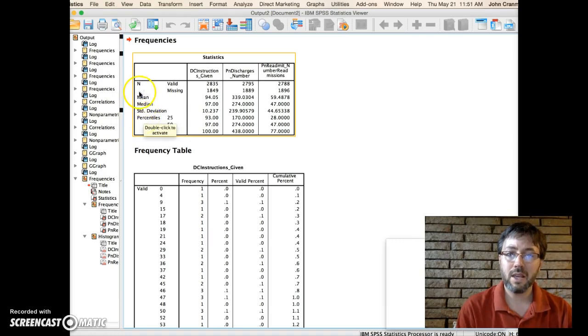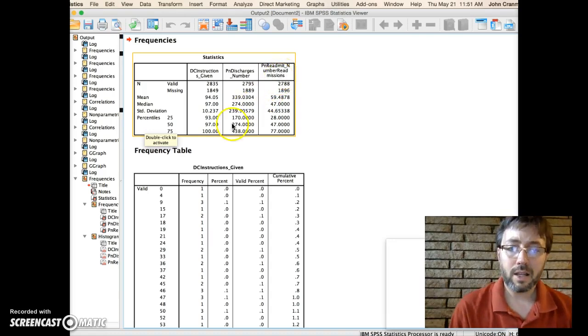So those key summaries of central tendency and variance are here on the left-hand side. The number that are valid and missing, absent in our data set, are shown here. And then the statistic for the variable is across the top: discharge instructions given, the total number of pneumonia discharges, and the total number of pneumonia readmissions.